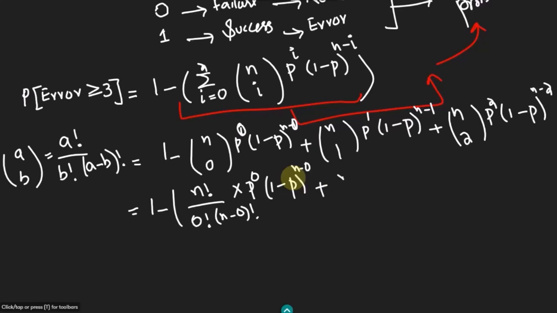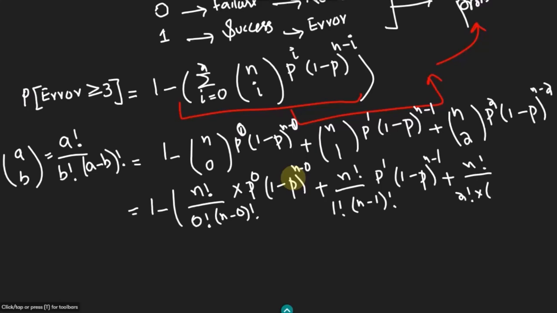Similarly, n factorial divided by 1 factorial and n minus 1 factorial, times p to the power 1, 1 minus p to the power n minus 1, and then n factorial divided by 2 factorial multiplied by n minus 2 whole factorial, times p squared, 1 minus p to the power n minus 2.